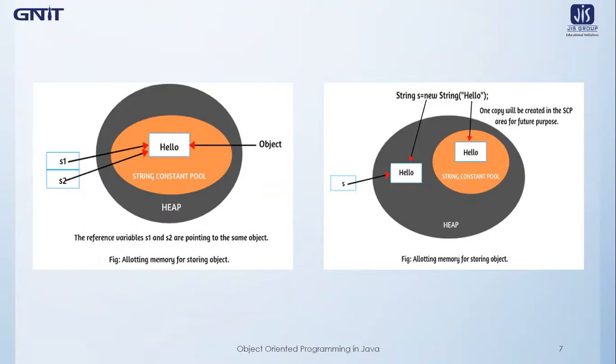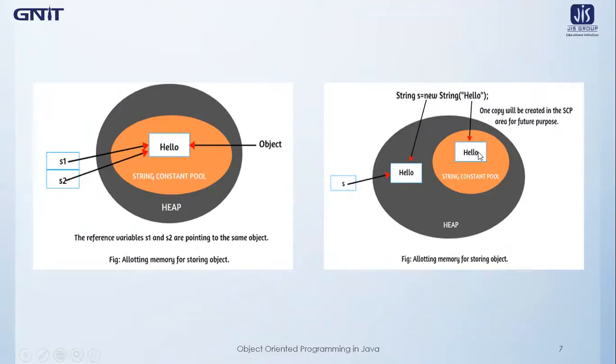Now JVM will create the second object as a copy for the literal hello. This hello is a literal, and whenever you use a literal, we know that an object will be created inside the string constant pool or SCP area. So as we are passing a string literal inside the string class constructor, as a copy of this literal, the JVM will create a second object in the string constant pool.